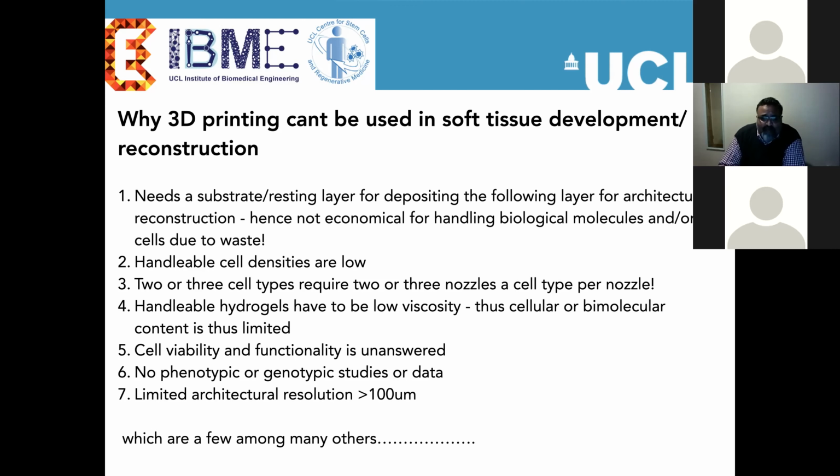Therefore, we cannot compare our results with those 3D printing results because they have not been phenotyped or genotyped to the molecular level we have done. Added to that, our resolution is limited by the cell size and not by the process, unlike in 3D printing.